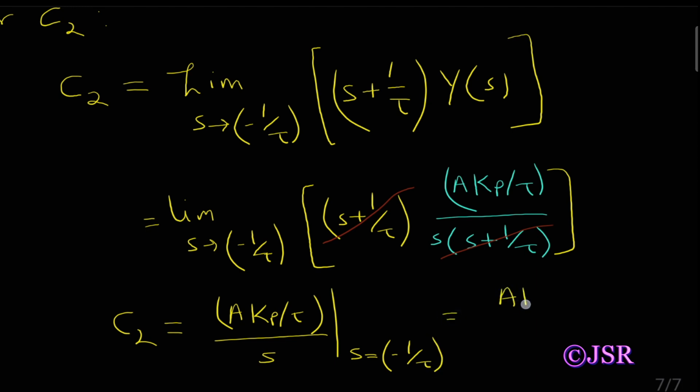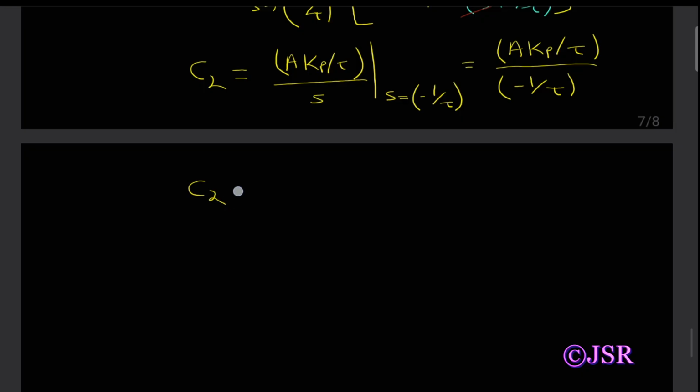So a kp upon tau upon minus 1 upon tau. So c2 will be equal to minus a kp.